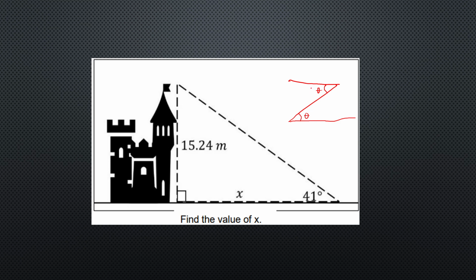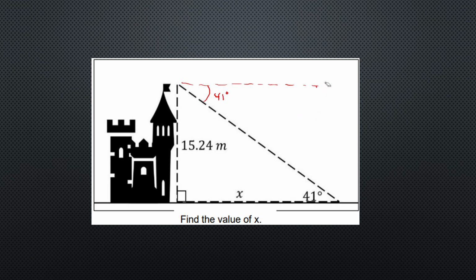Let's say this is 30 degrees, this is also 30 degrees. It also applies in this case. If we draw a horizontal line here, parallel to this line, the x, this angle will also be 41 degrees. Meaning you can rewrite the illustration in this manner to solve it in another way.